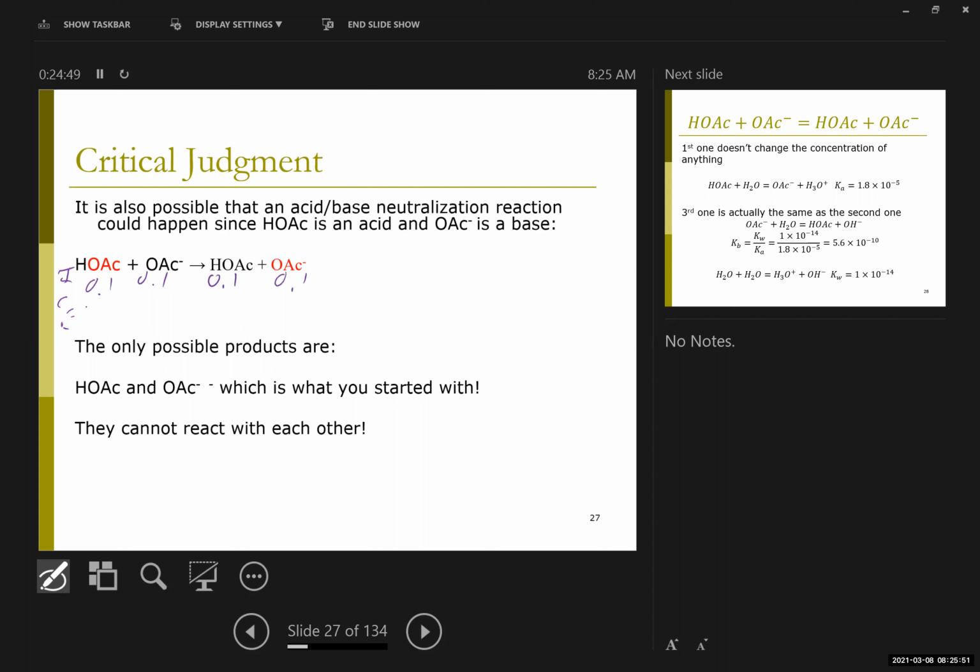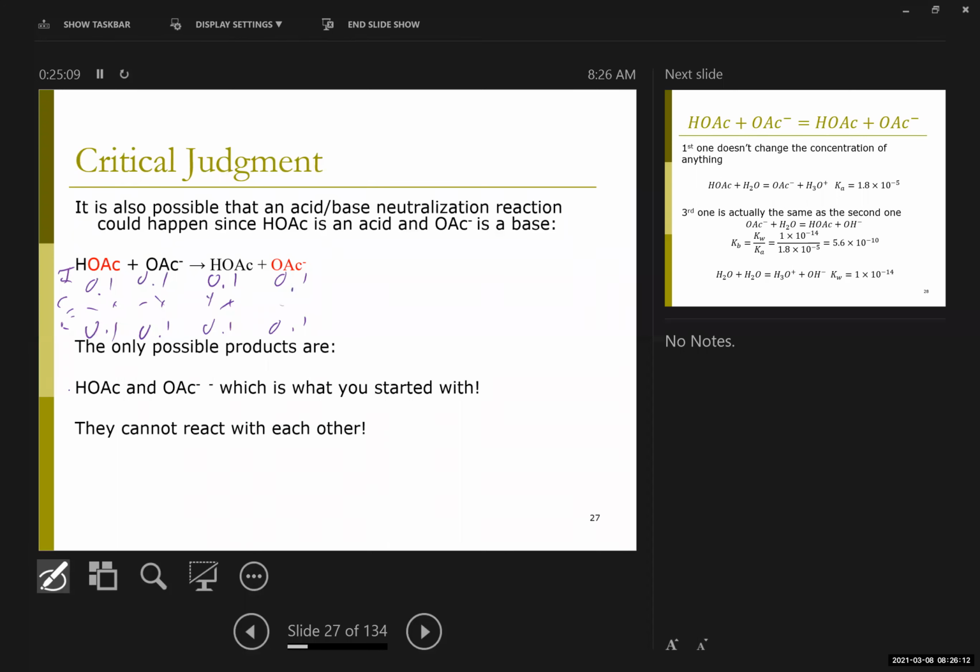You're going to end up with 0.1, 0.1, 0.1, and 0.1, because the products are the same as reactants. I mean, it's not that the reaction doesn't happen, it's that it doesn't change anything.